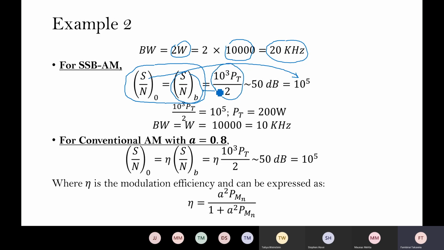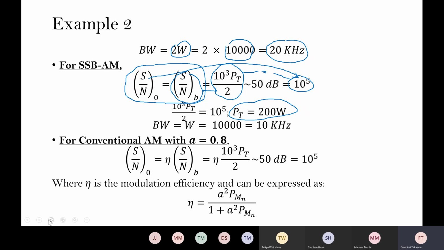So equating those two, we can solve for PT, and obviously PT will come to be exactly the same as in the case of DSB suppressed carrier. The only difference though is that for SSB, our bandwidth is only one sideband. You either transmit the upper sideband or the lower sideband. Therefore, the bandwidth is going to be W, which is 10 kilohertz.